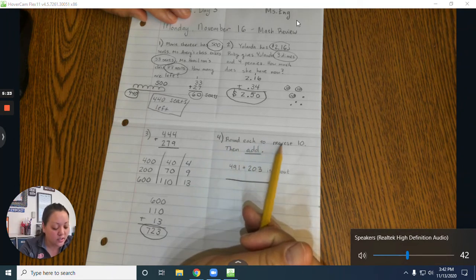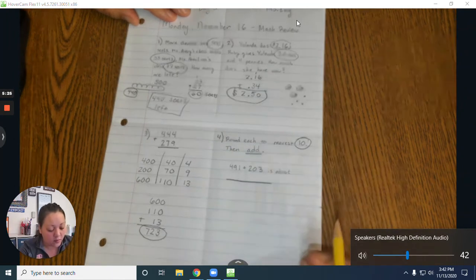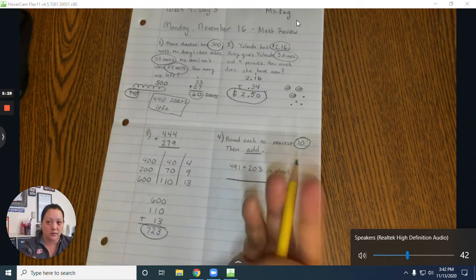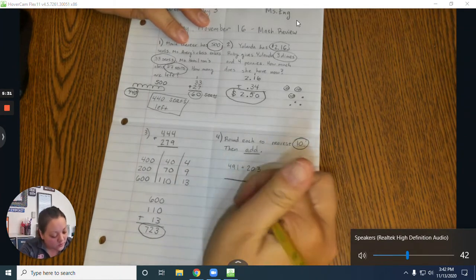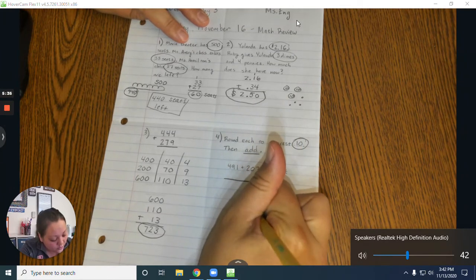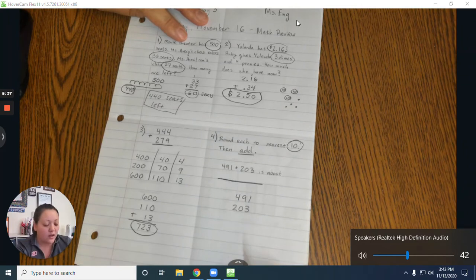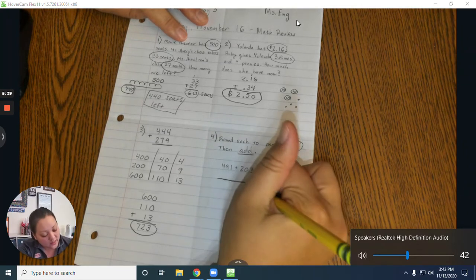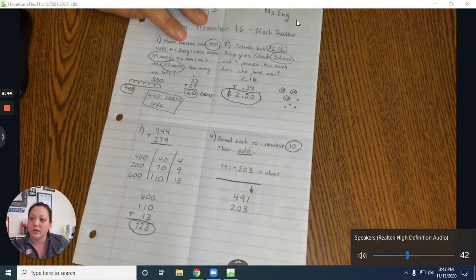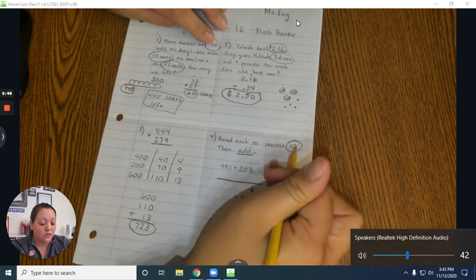Now, round each to the nearest 10, very important, and then add, okay? So we have a sequential thing, so it's got to be one and then the other. So I'm going to line this up, 491, 203. If I am rounding to the nearest tens, hopefully you knew that we have to look at the ones place. The ones tell us which direction it's going to round.